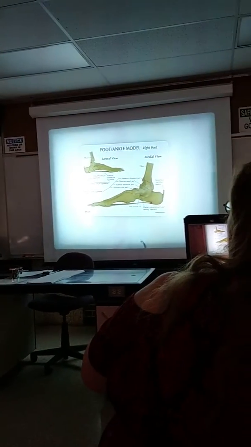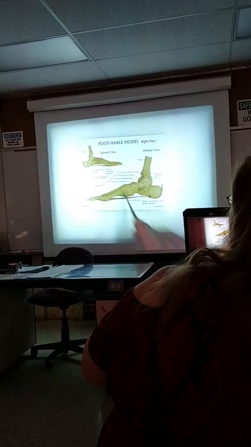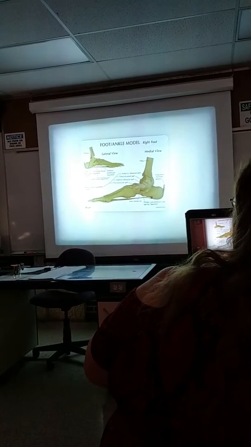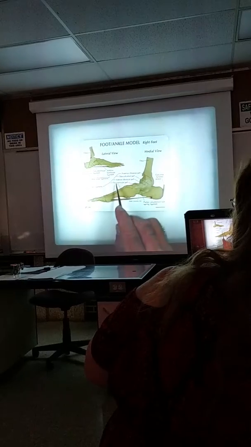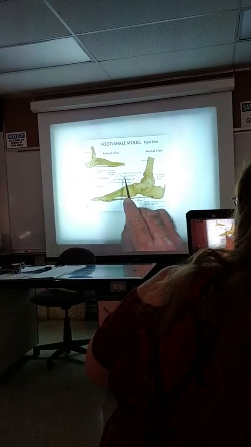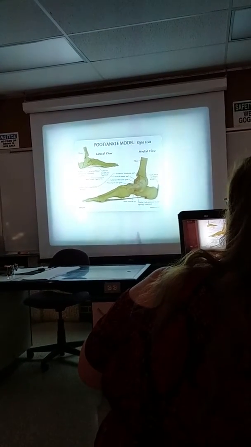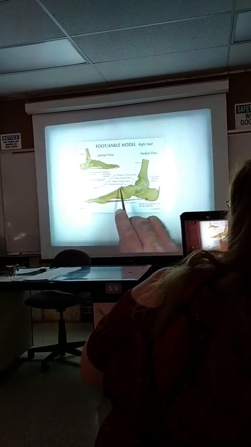Now I will show you two things here. You have all of these keys. I want to show you something. Then I'll show you the foot. Notice on the medial side of my ankle, the names all start with tibio. Tibionavicular, tibiotalar, tibiocalcaneal, tibiotalar. On the medial side, they all start with tibio.